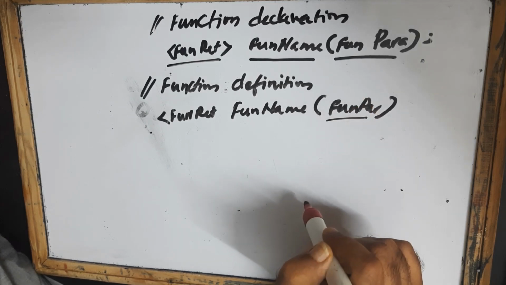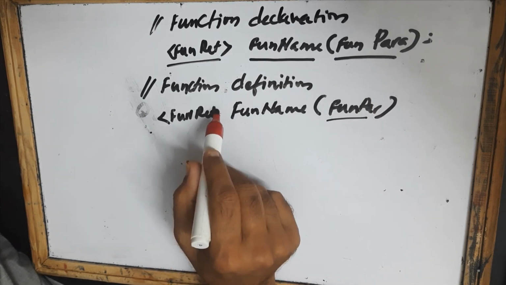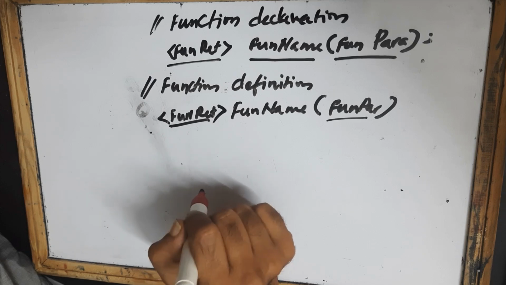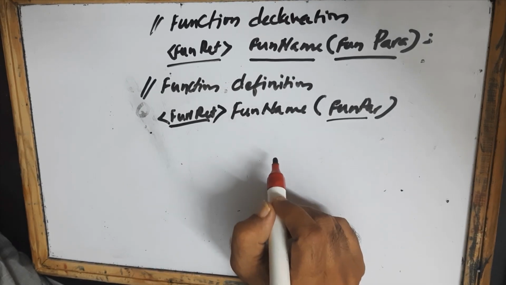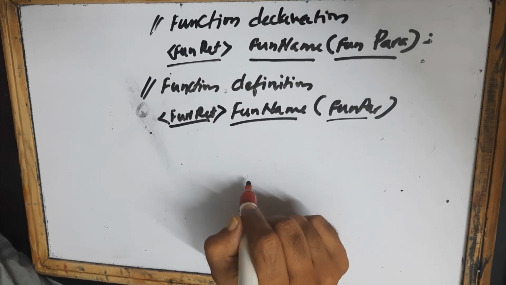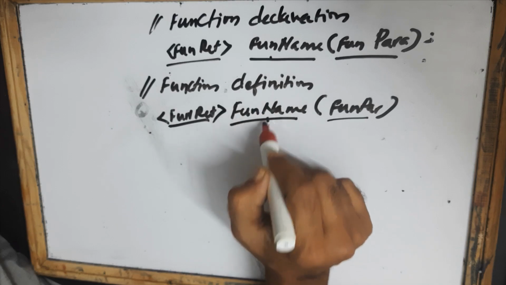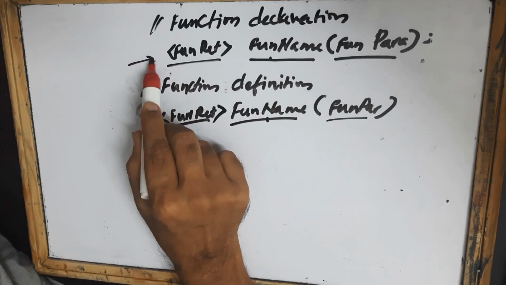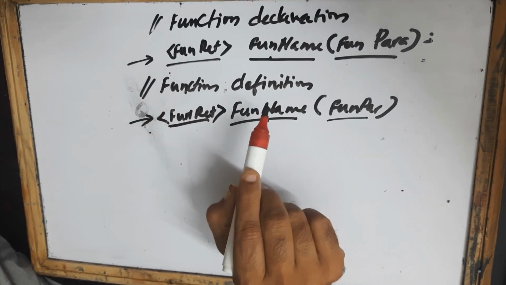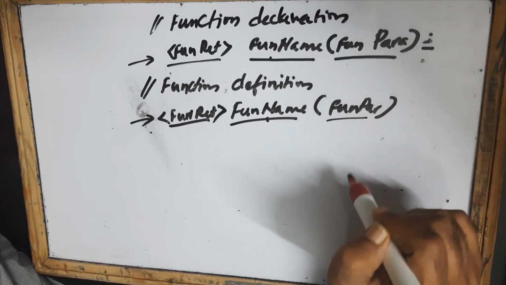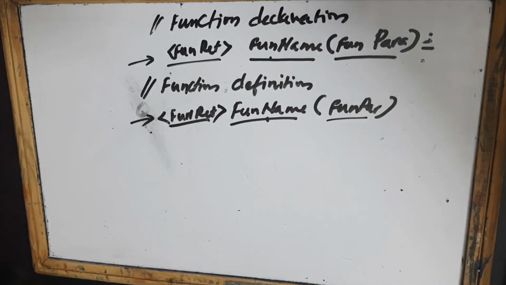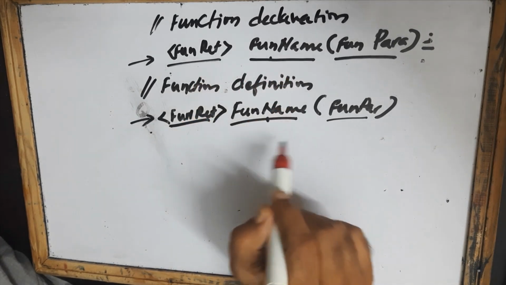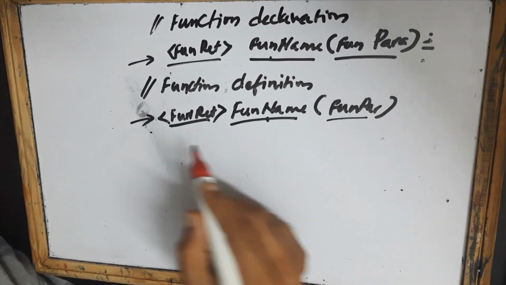It can be any data type or make it empty, and the function name of your choice. This line and this line should be the same, apart from this semicolon. No need to add a semicolon here. Apart from that, the function return, function name, and function parameter remain the same.